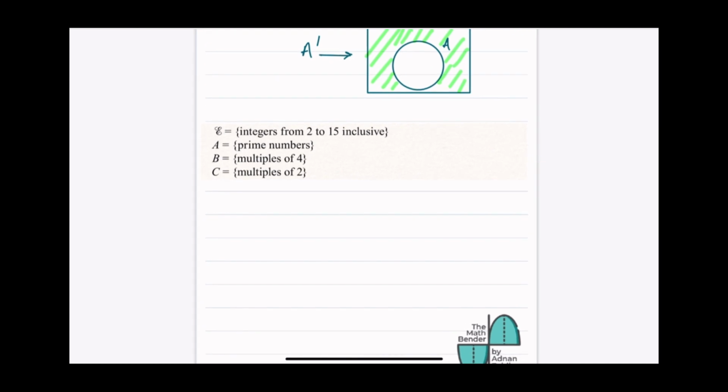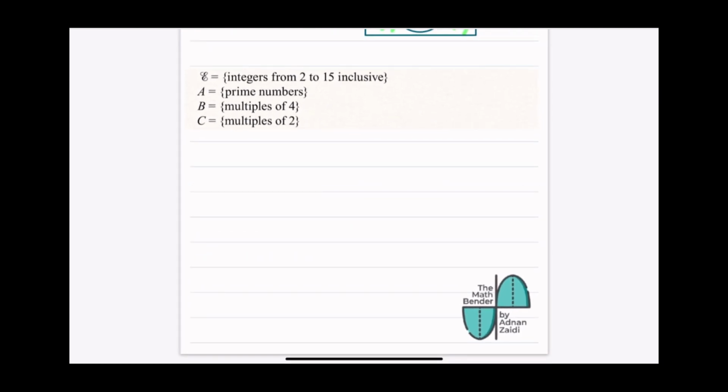So let's move on and check some of the questions. This is the universal set, which means all the integers from 2 till 15 inclusive, which means 2 and 15 are also part of that set. So 2, 3, 4, and so on until 15. A is the prime numbers, so 2, 3, 5, 7, 11, 13, and that's it.